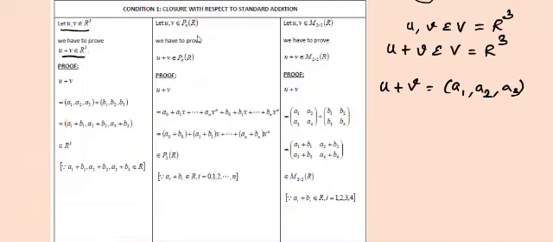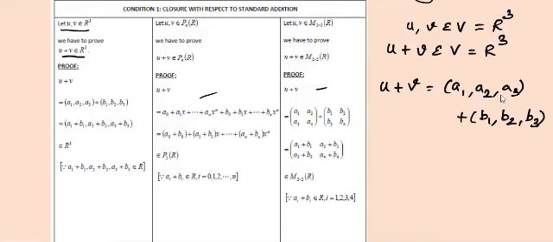Now our aim is to prove u plus v belongs to R3. So first of all, I should find out what u plus v is. I am just simply substituting u and v. That is what we are going to see for all the domains. I am taking one at a time, and in a similar fashion we will be proving the other two.